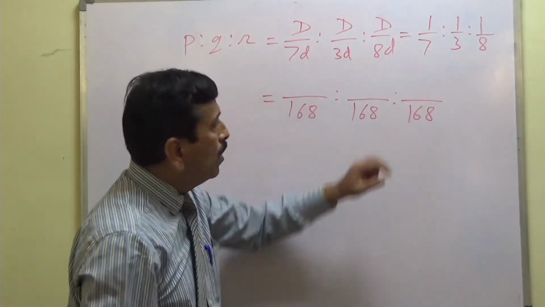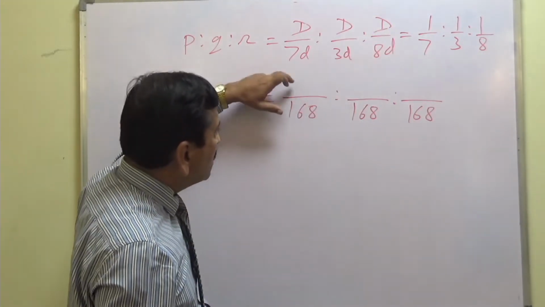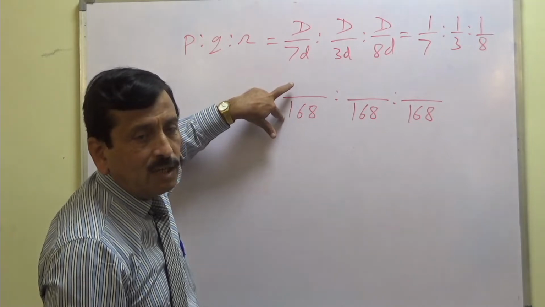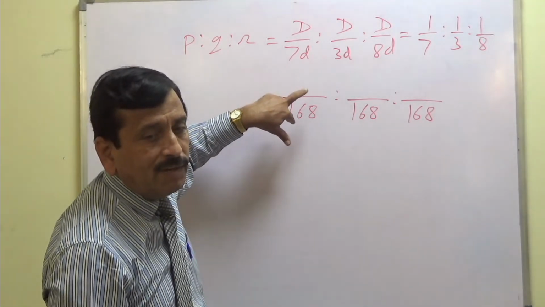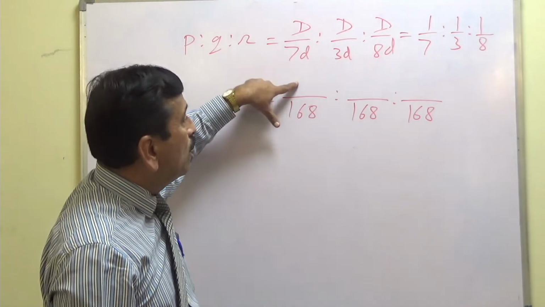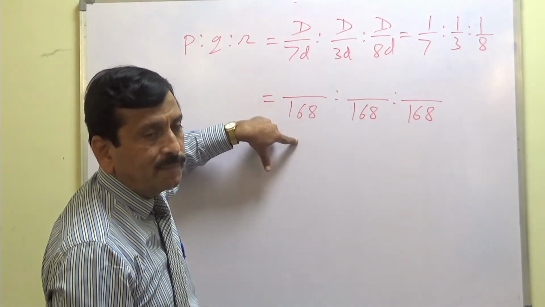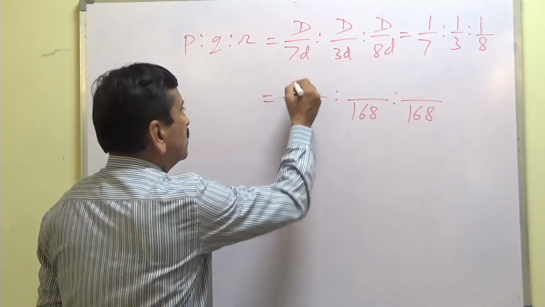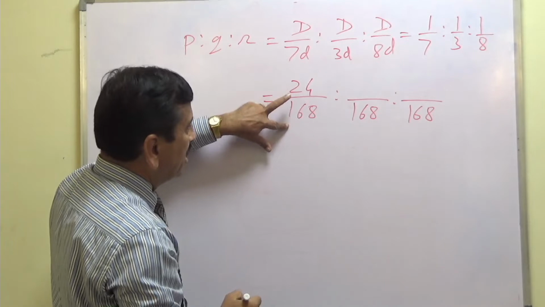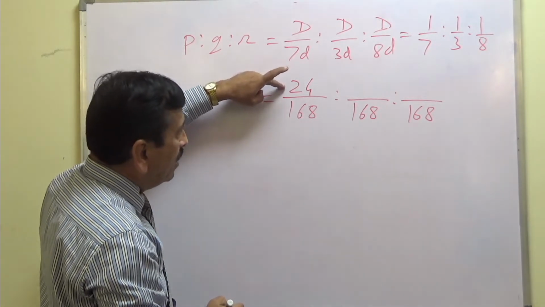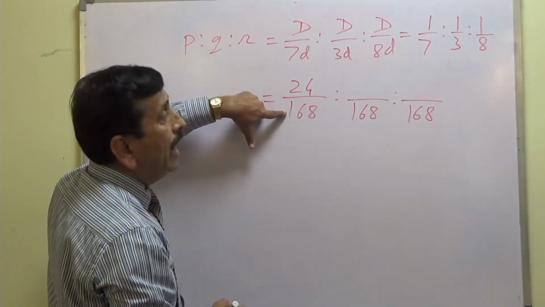What I am doing? 1 by 7 I am expressing as something upon 168. So 1 by 7 is equal to how much by 168? We realize it is 24 by 168. If I divide this by 24, I'll get 1. If I divide this by 24, I'll get 7.